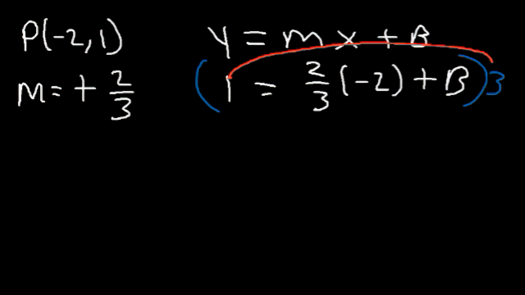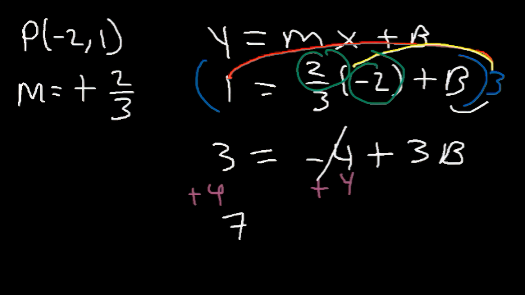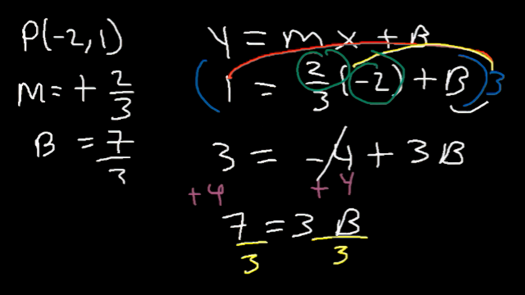So 3 times 1 is 3. 3 times 2/3 times -2, the 3's will cancel, and what we have left is 2 times -2, which is just -4. And then 3 times b, which is 3b. Now let's add 4 to both sides. So therefore 7 is equal to 3b, and now let's divide both sides by 3.